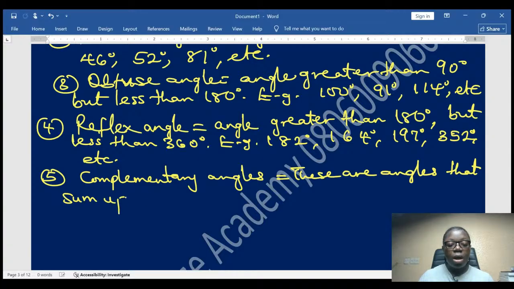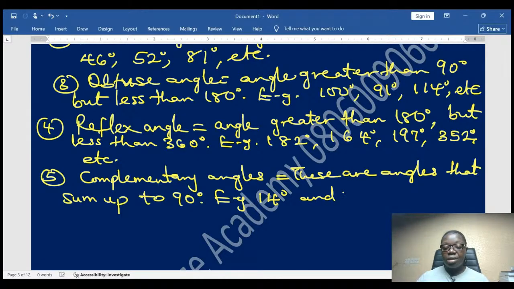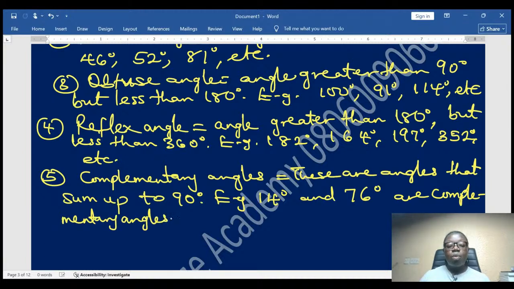For example, 14 degrees and 76 degrees are complementary angles. They are complementary angles because when you add them together, you will get 90 degrees.